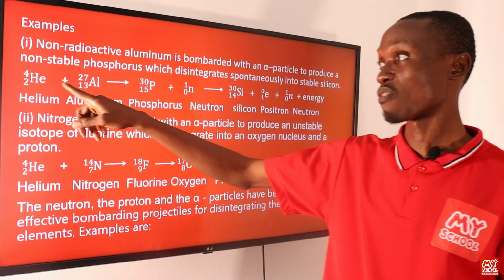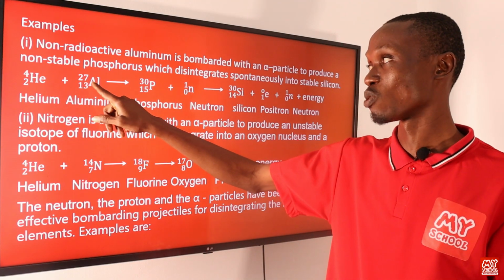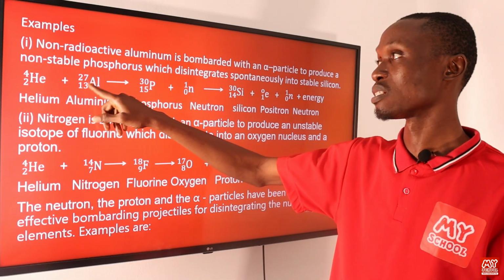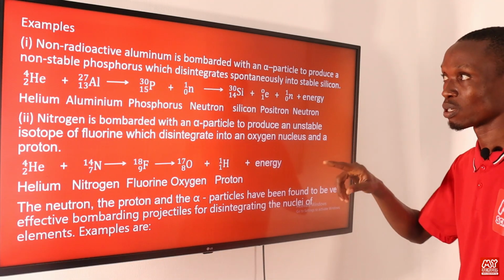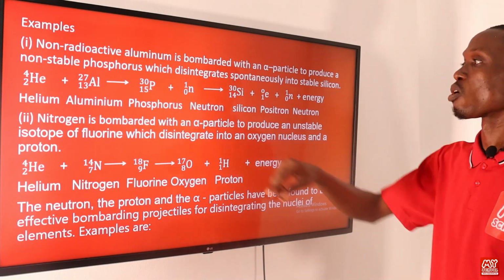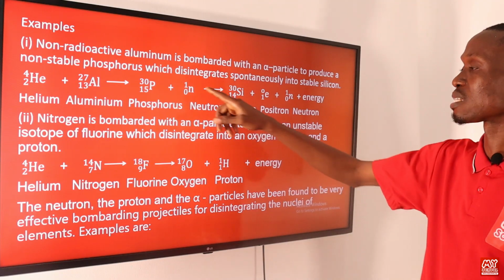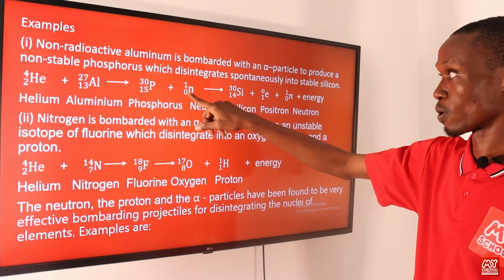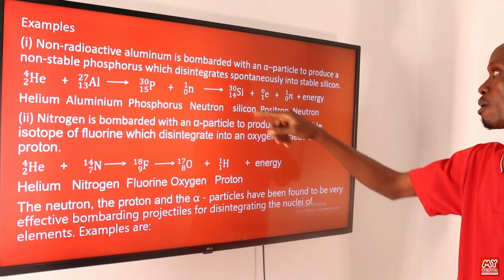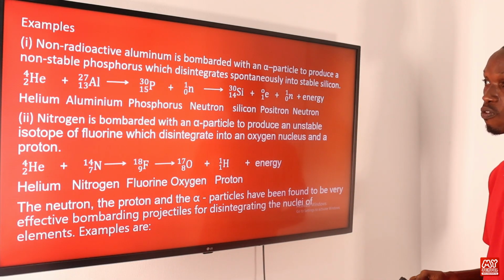So this is the alpha particle and this is the non-radioactive element. When the alpha particle is used to bombard this non-radioactive aluminium, an unstable phosphorus-30 was produced, which then disintegrates, and that produced stable silicon, with the release of energy.